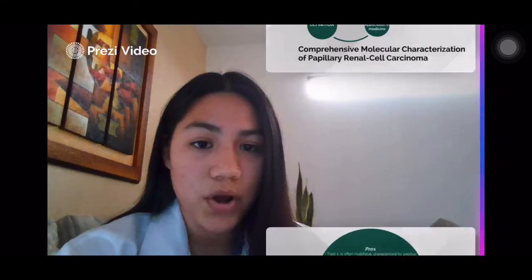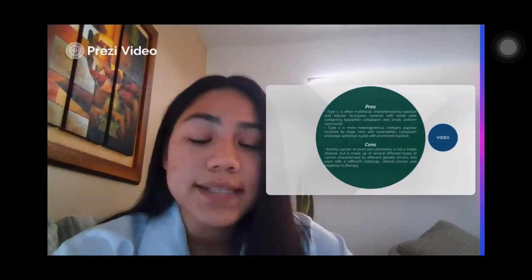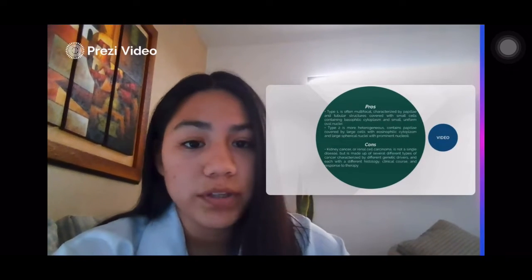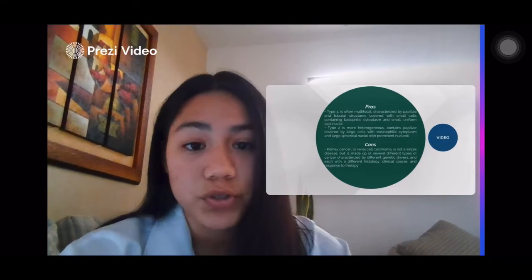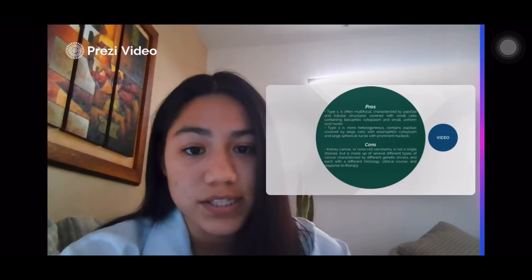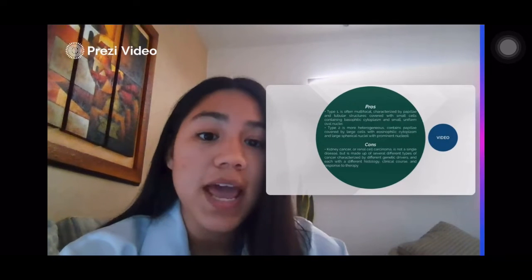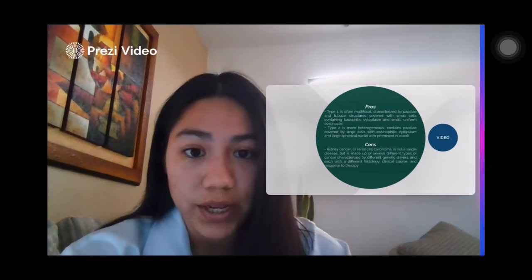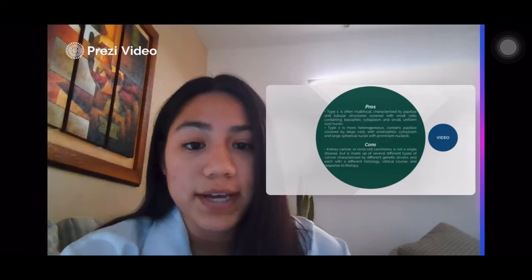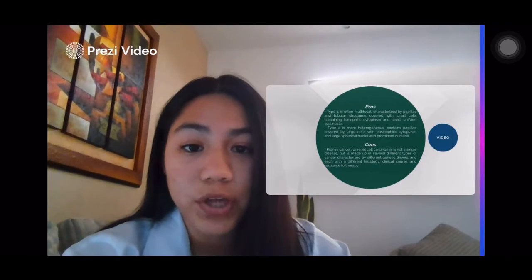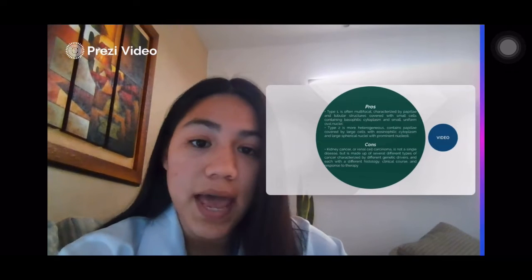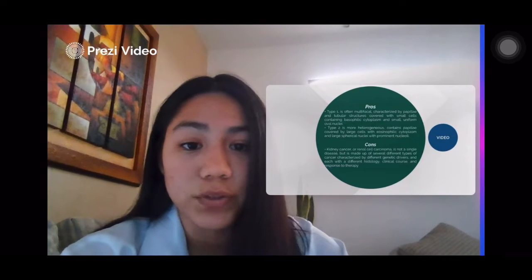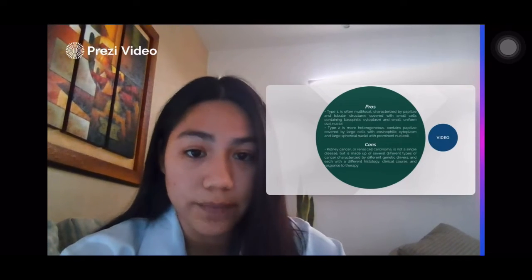Let's talk about pros and cons. Type 1 is often multifocal, characterized by papillae and tubular structures covered with small cells containing basophilic cytoplasm and small uniform oval nuclei. Type 2 is more heterogeneous, containing papillae covered by large cells with eosinophilic cytoplasm and large spherical nuclei with prominent nucleoli.